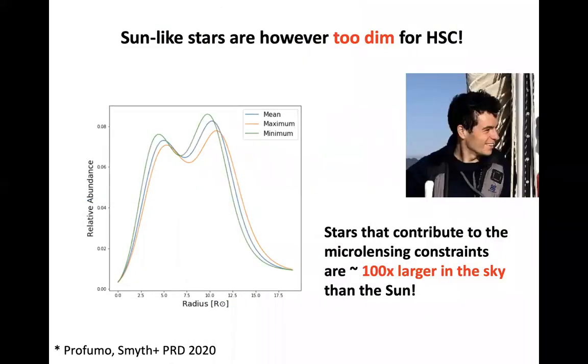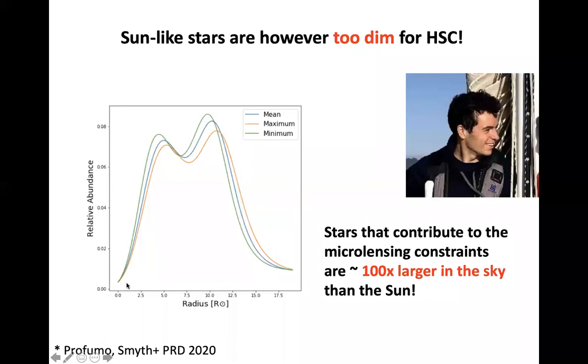Now I'm going to explain to you how microlensing works, but I assume you know what this is. The key point is that the limits that the collaboration that first studied this put out did not take into account finite size source effects.